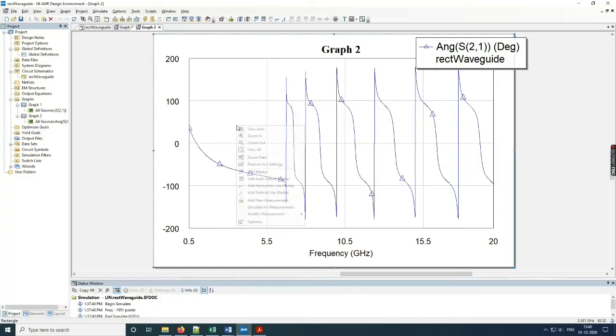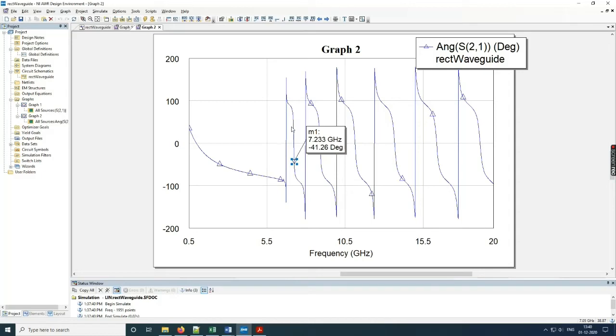So if I place a marker at 6.7 gigahertz, that's somewhere over here. The marker is around 154 degrees, that's the phase. And at 7.2, it's about minus 41. So clearly between 6.7 and 7.2, the phase relationship, as you can see here, is definitely not linear.